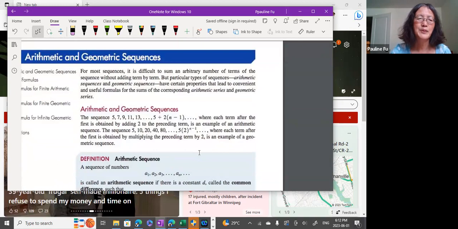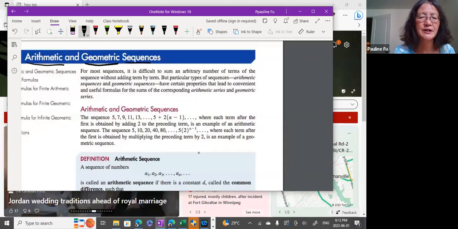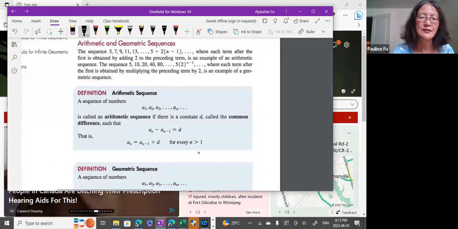Now let's talk about arithmetic and geometric sequences. So first, the definition of arithmetic sequences.